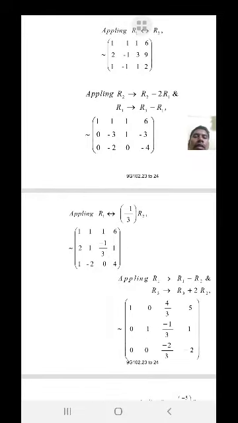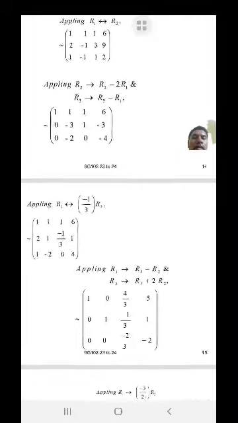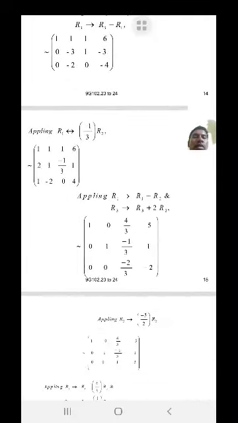So applying R2 gives minus 1 by 3 into R2, because in the second row, second element, we need 1. So 1 1 1 6, 0 1 minus 1 by 3 1, 0 minus 2 0 minus 4. Then applying R1 gives R1 minus R2, and see here, second row, first element, that is 0.